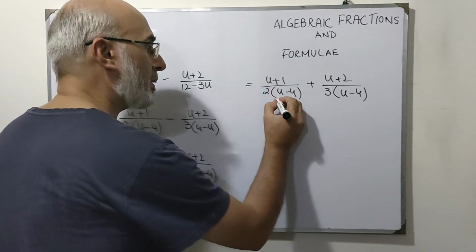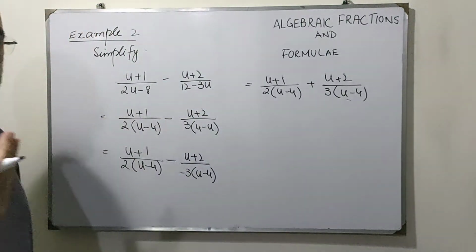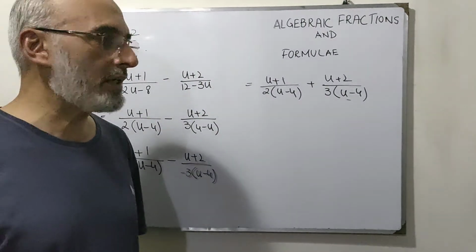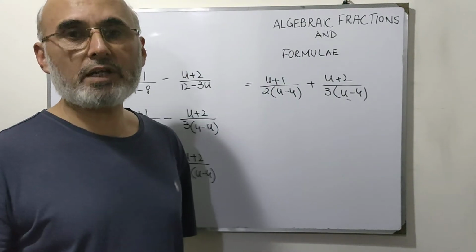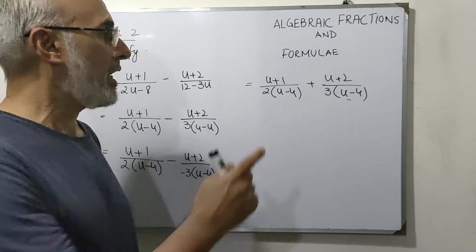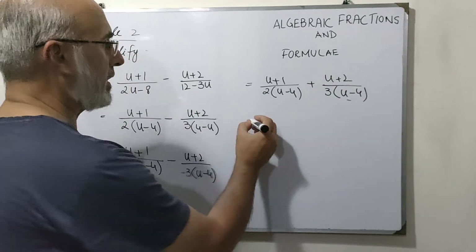So u minus 4 is common. Things are getting simpler now. And 2 and 3, two numbers, so we're going to take this LCM. 2 into 3 is 6, and u minus 4 is common. So this is our LCM.